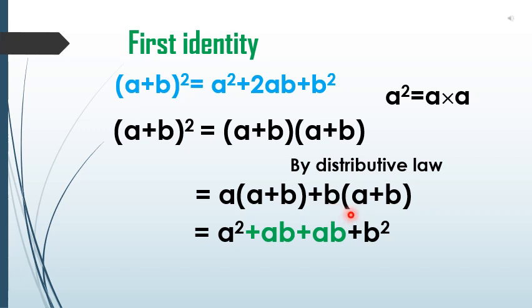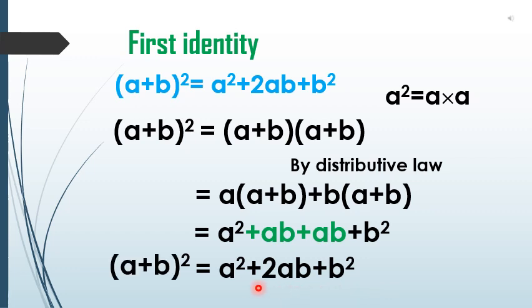Then b into b is b square. That's it. We can add these like terms, which is ab plus ab is equal to 2ab. Now the answer would be a square plus 2ab plus b square.